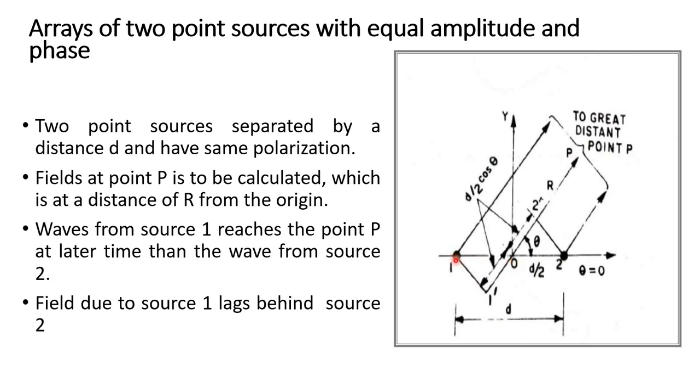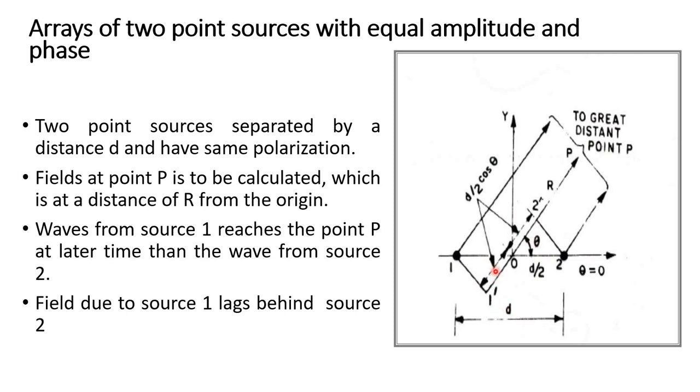Waves from source 1 reaches point P at a later time than the wave from source 2. So fields due to source 1 lag behind source 2. This is because of the path difference 1 dash 2 dash involved between these two waves.